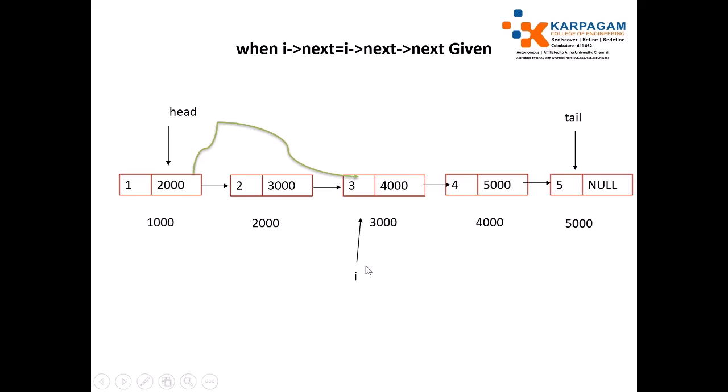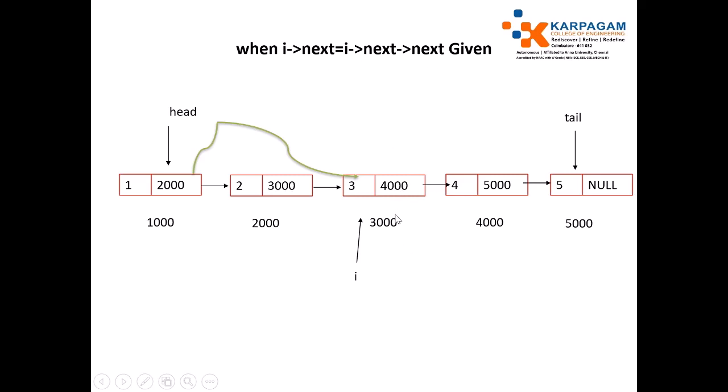Okay. On the next iteration, just check I not equal to null. I is not equal to null. So you enter into the loop and check I of next, that is 4000, not equal to null. It's not equal to null. So you execute the statement I of next equal to I of next of next.